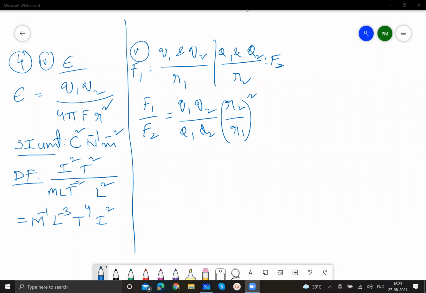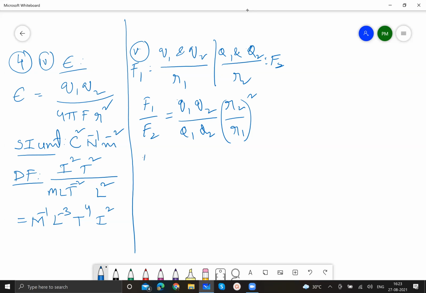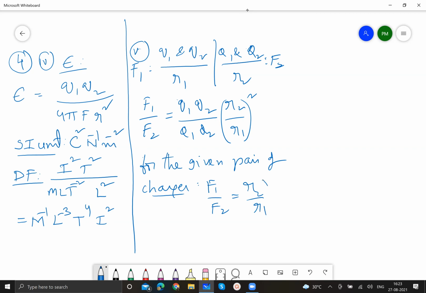So F1 by F2 is Q1 Q2 by capital Q1 Q2 into R2 by R1 whole square. For the given pair of charges, of course, F1 by F2 is R2 by R1 whole square.